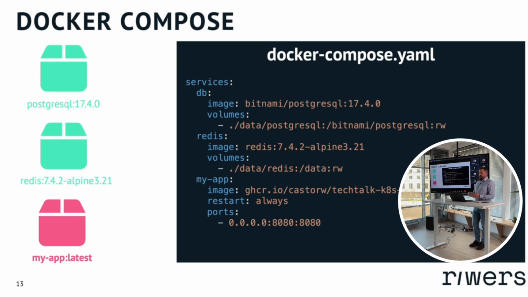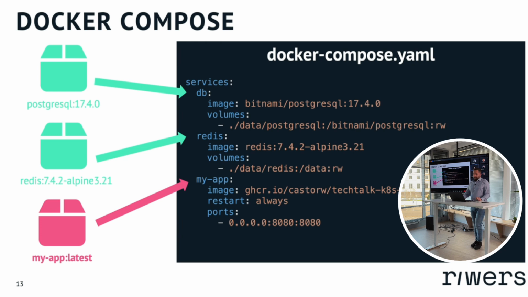And you write a very simple, several tens of lines long piece of YAML file like this, where you define in a very simple way that you would like to have a database running from this public image. You attach a volume to it so you don't lose your data. The same applies for the Redis instance.